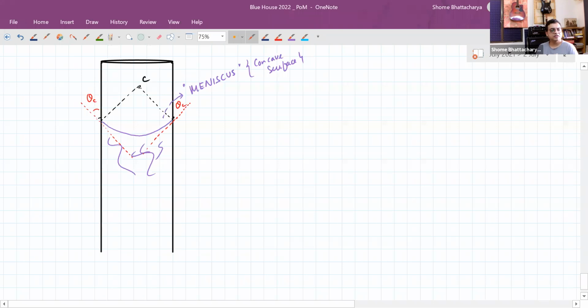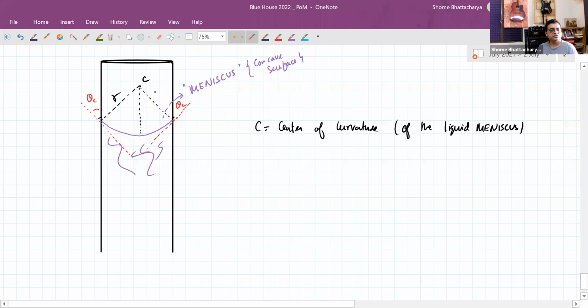So this here is the center of curvature of the liquid meniscus. C is the center of curvature of the liquid meniscus. Okay.